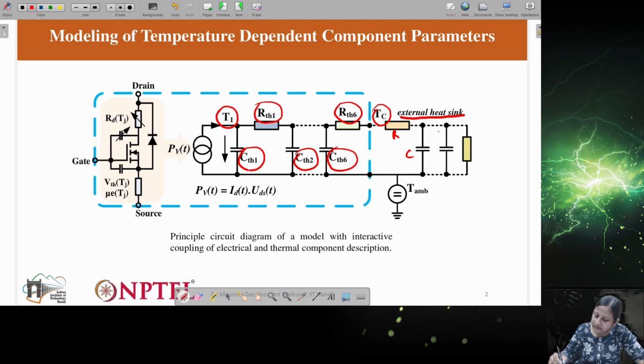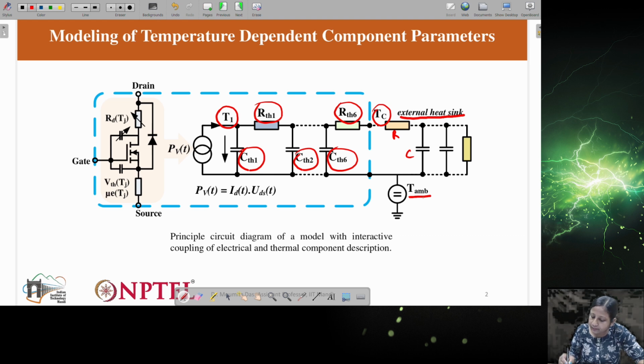This external heatsink is also shown as a resistance-capacitance combination, and this T ambient you can see here is the ambient temperature, which will be the temperature of the device along with the heatsink after dissipating through different resistances and capacitances.